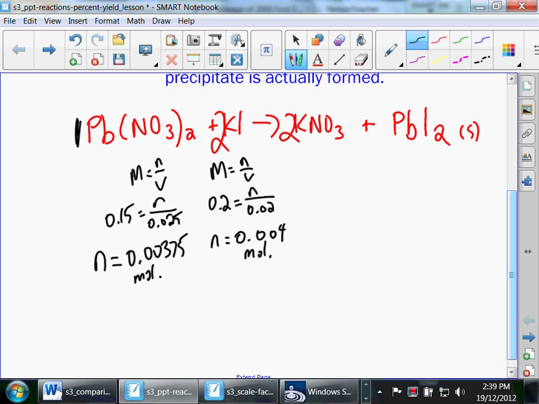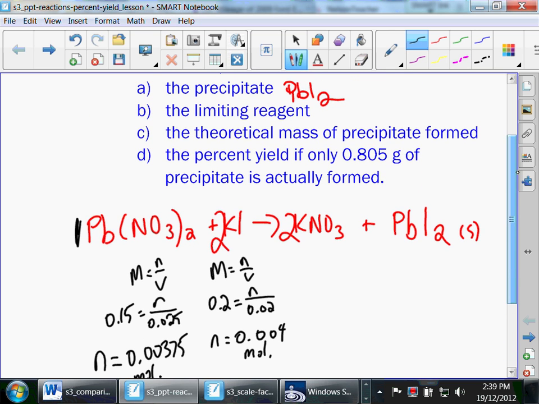So your limiting reagent is your potassium iodide. The potassium iodide is going to drive the boat here. It is going to tell us how much lead nitrate we're going to use, how much potassium nitrate is produced and how much of the precipitate lead iodide is produced.